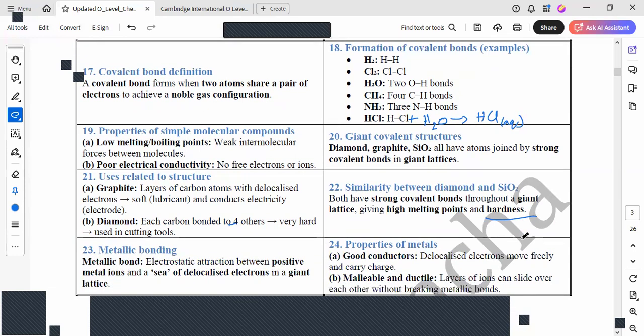Next thing is metallic bonding. What is metallic bonding? It is the electrostatic force of attraction between positive metal ions and a sea of delocalized electrons in a giant lattice.